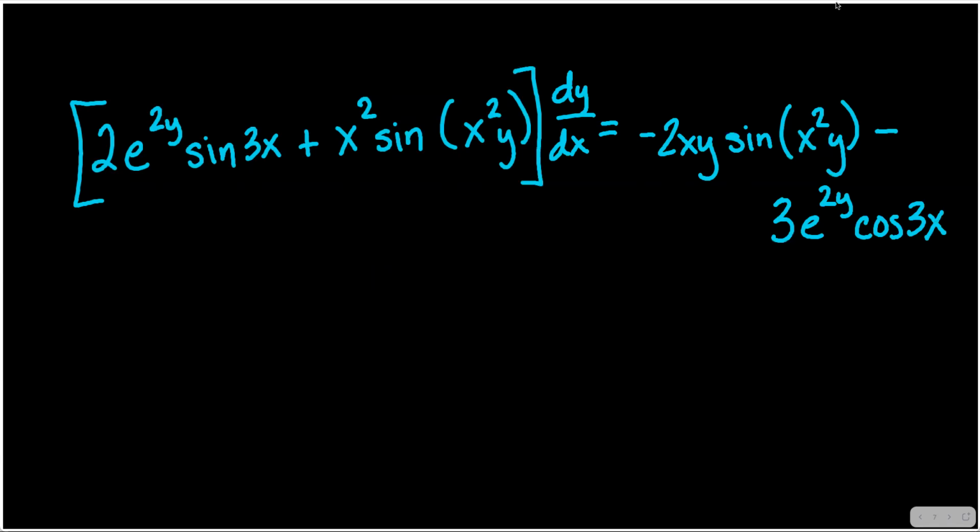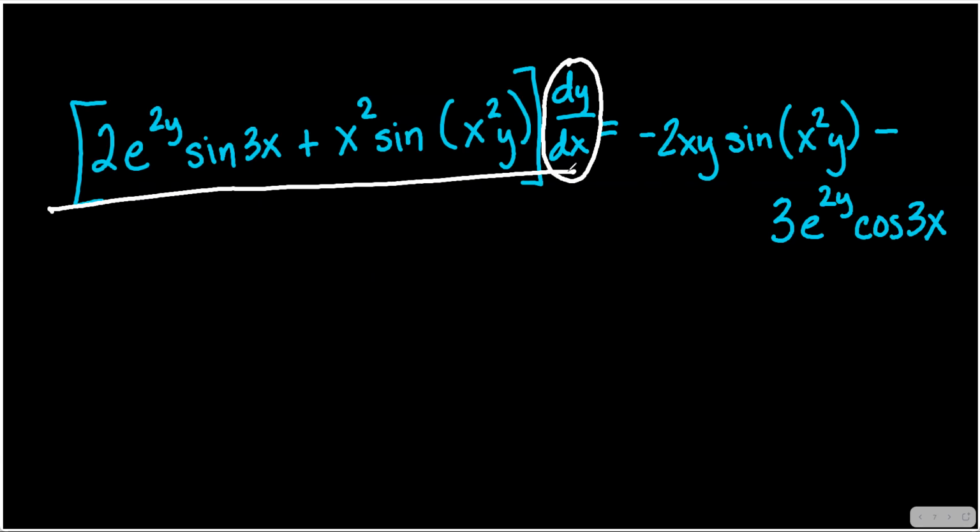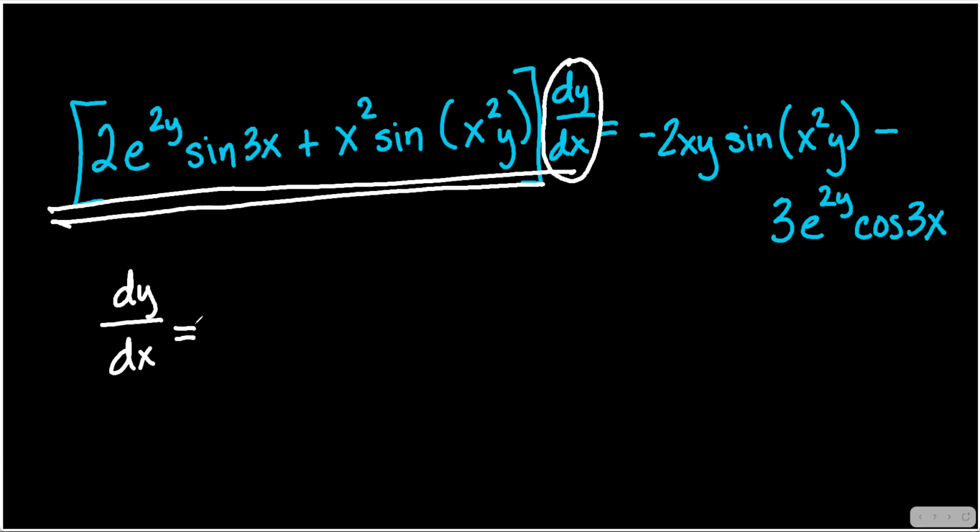And now how do I get dy/dx, this piece right here, by itself? Well, here's where we divide both sides by that term. So we're going to divide both sides by this. So on the left, I'll have dy/dx. And on the right, I'm still going to have what I had before.